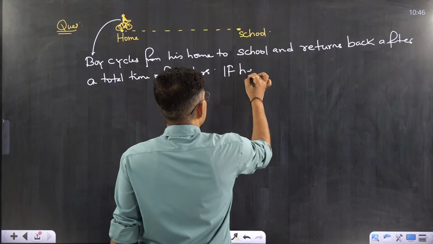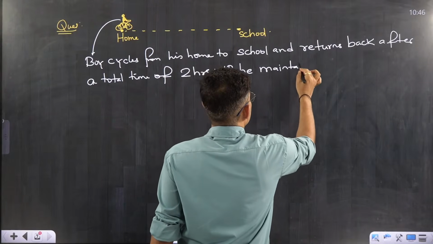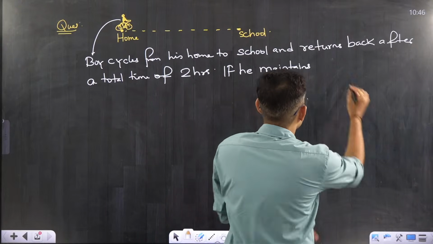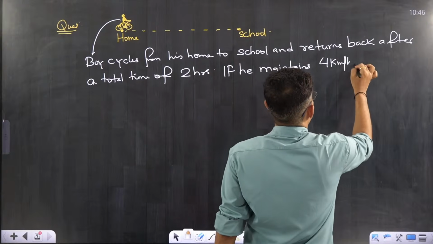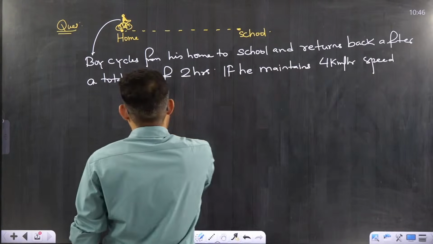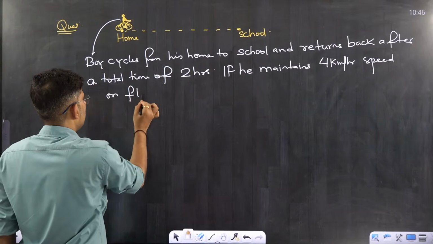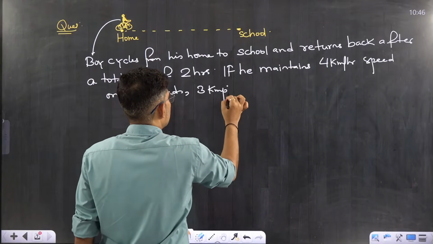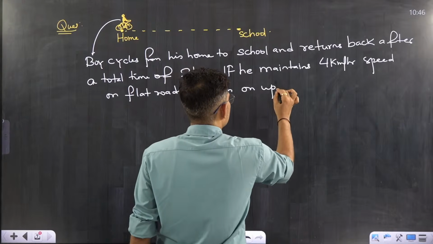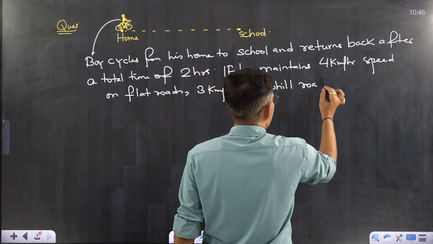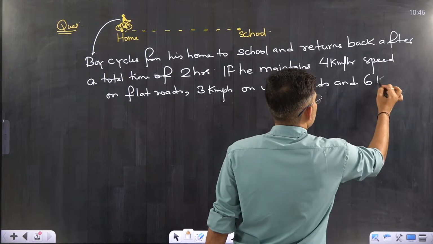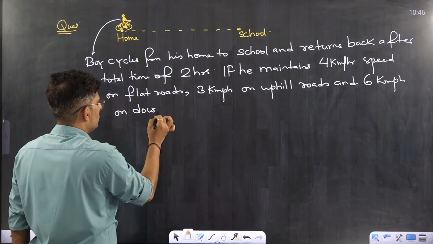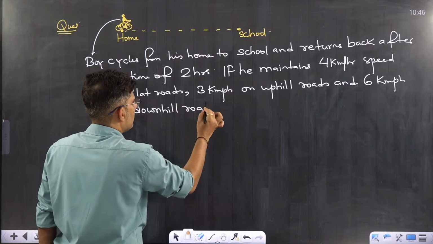If he maintains 4 km/h speed on flat roads, 3 km/h on uphill roads, and while coming downhill his speed is more, 6 km/h on downhill roads.